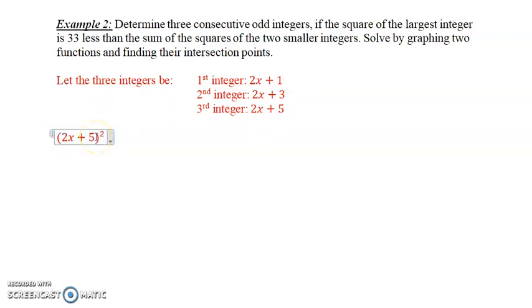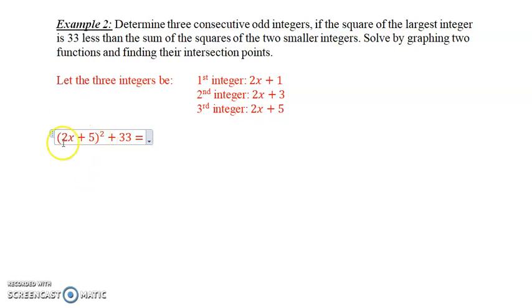The square of the largest integer is 33 less. So to make that number 33 less, I'd have to add the 33 here to this integer in order for that to work.